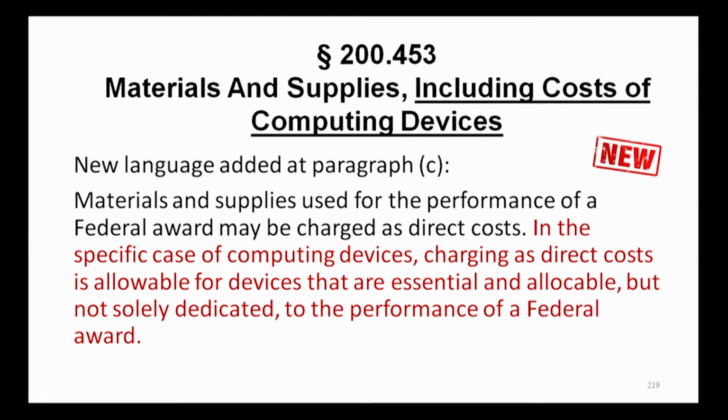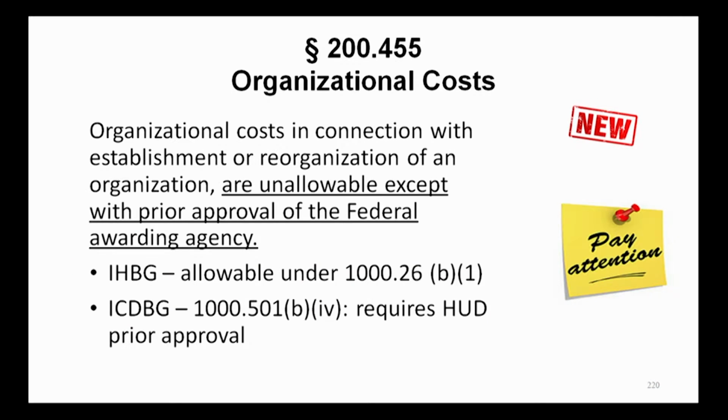So no longer do we have to be so particular about, hey, well, you can't use that computer, that's an IHBG computer. We have some flexibility here in this language. If it's not solely dedicated, it's still an allowable cost. 455, organizational costs.